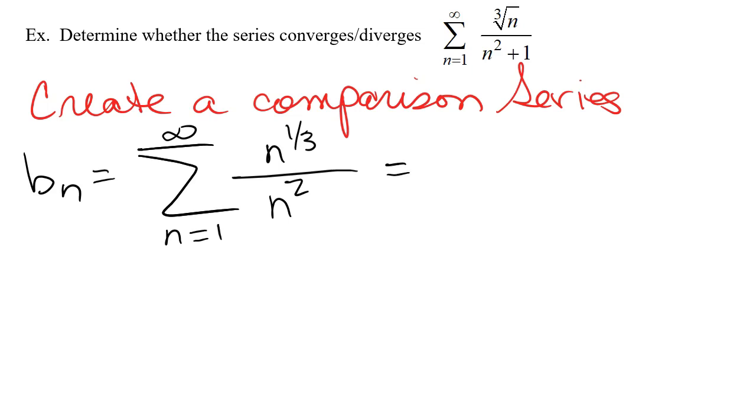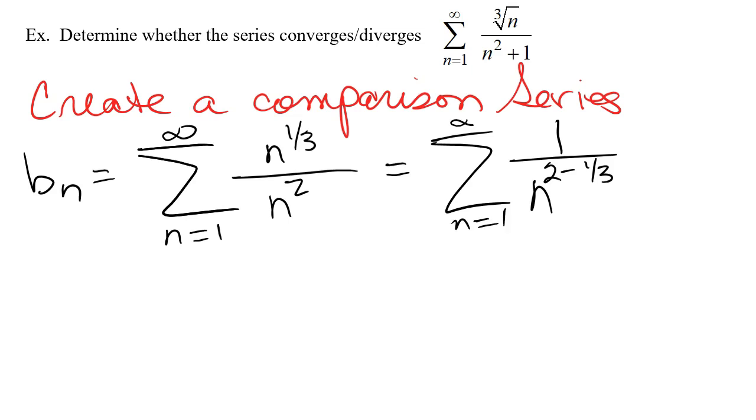So this is going to be the sum, and since 2 is larger than 1/3, I'm going to move the 1/3 to the denominator. That gives me 1 over n squared minus 1/3 from n equal 1 to infinity.